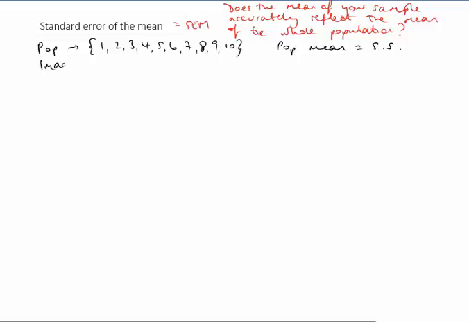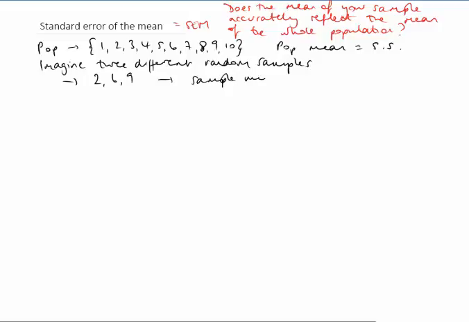And then imagine 3 different random samples. So if, let's say we got 2, 6 and 9, then the sample mean of this one would be 5.6, which is quite similar to the population mean.